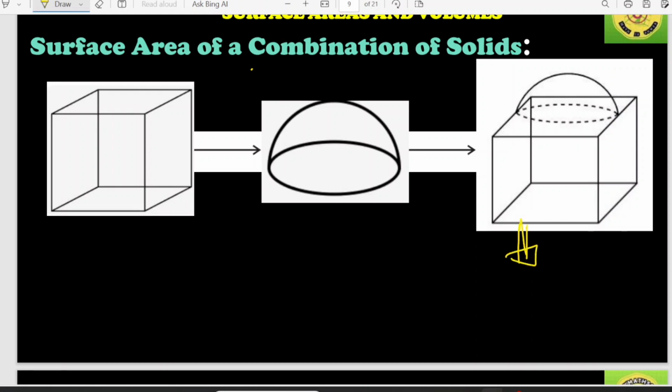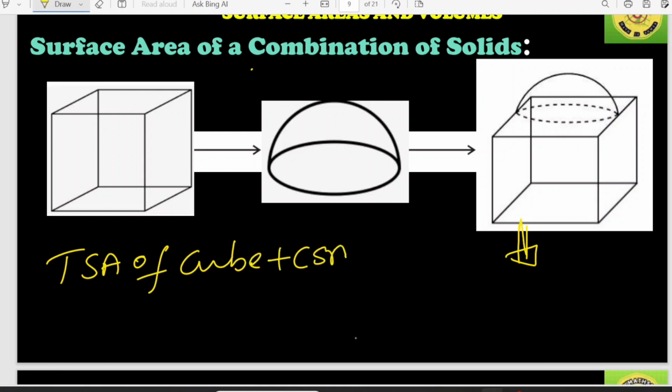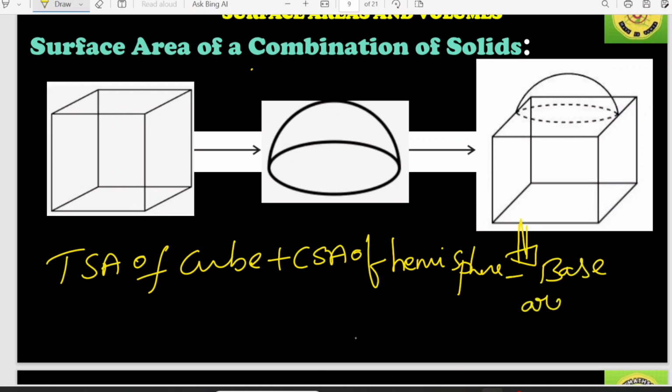This area will be, let me check, TSA of cube plus CSA of hemisphere minus base area of hemisphere.